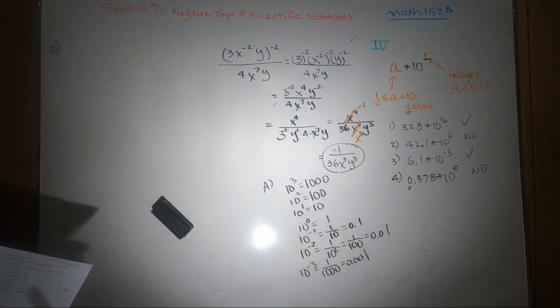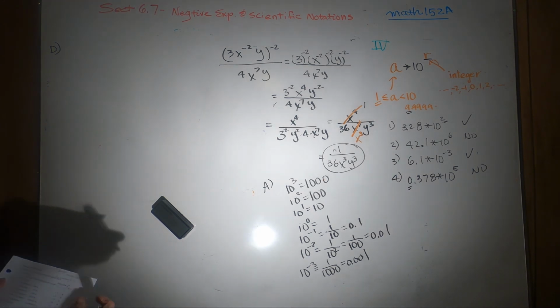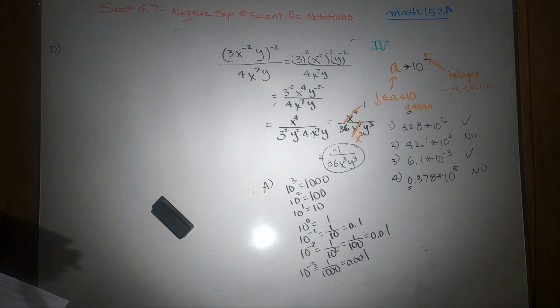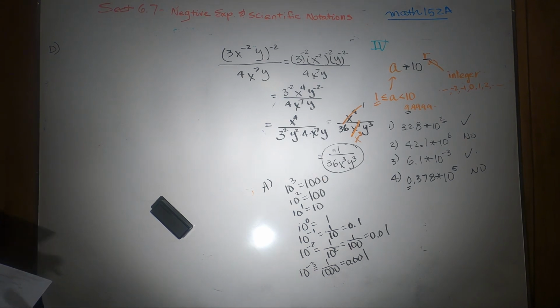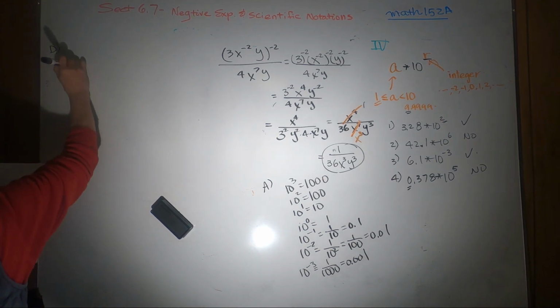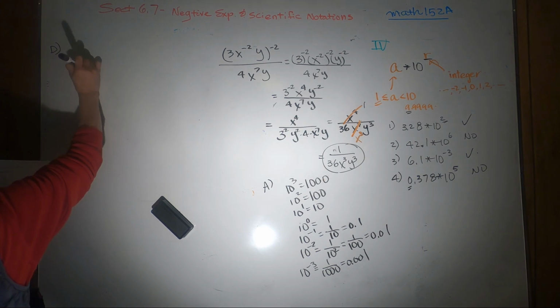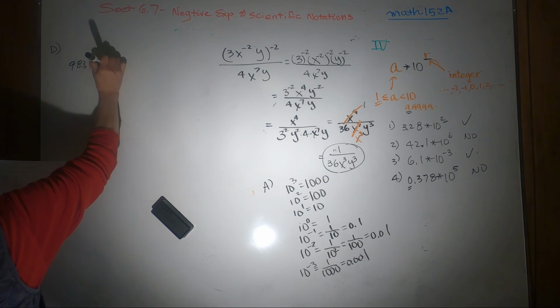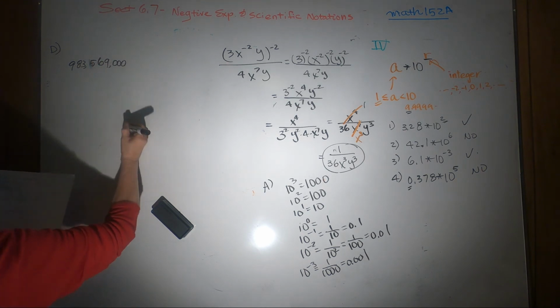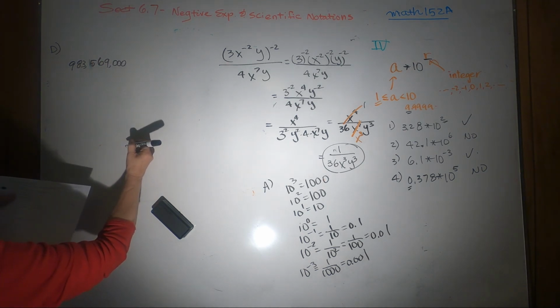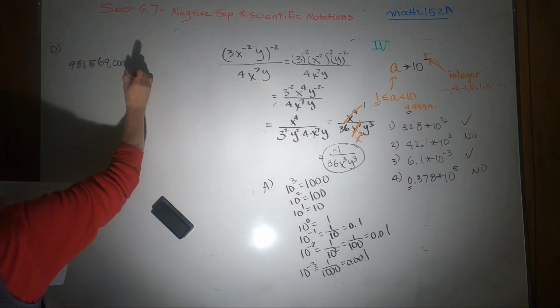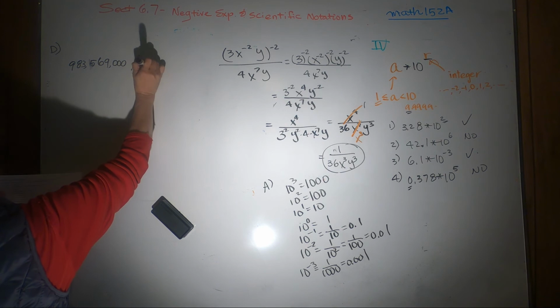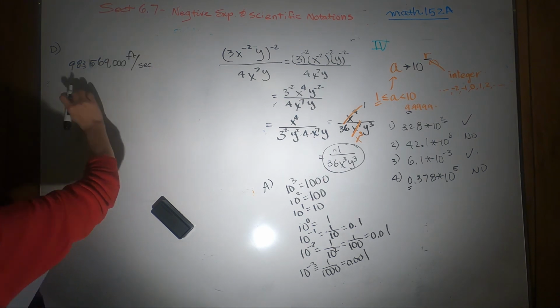Okay, so if we say the speed of light is this way, 983,569,000, right? And per second, it's the speed of the light.